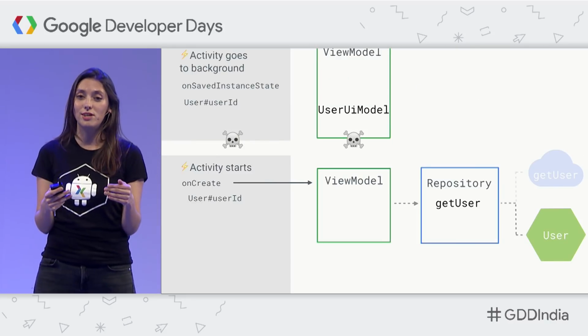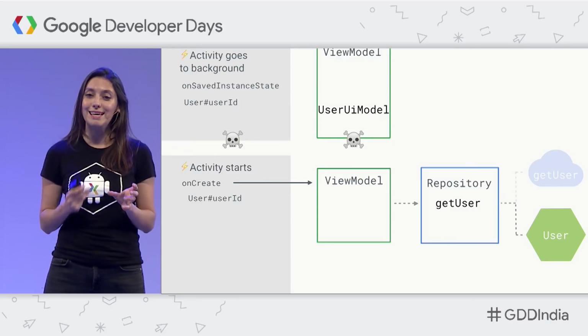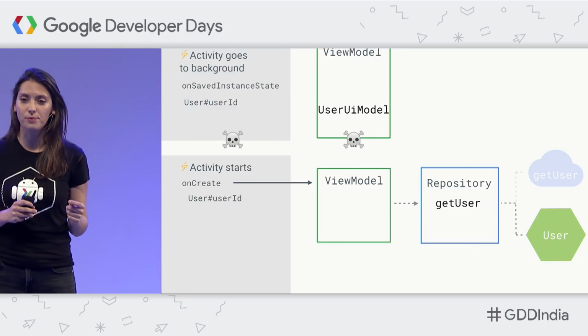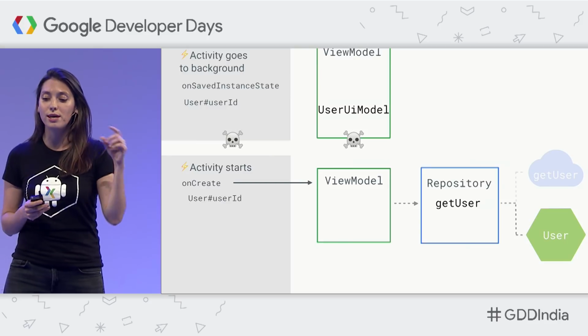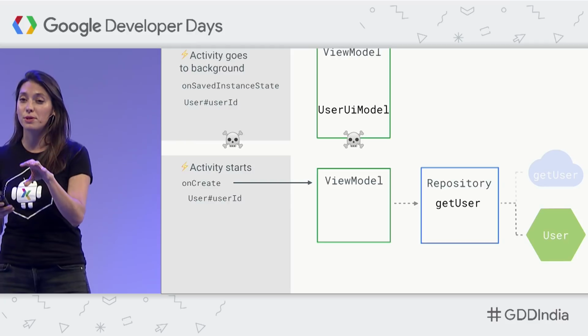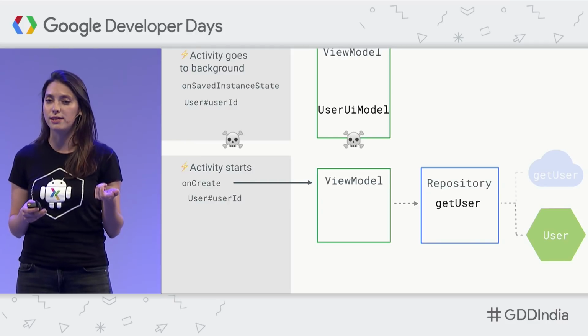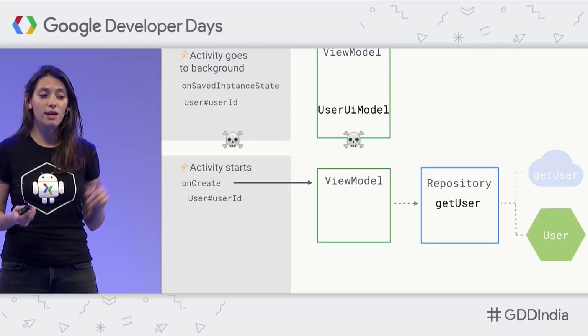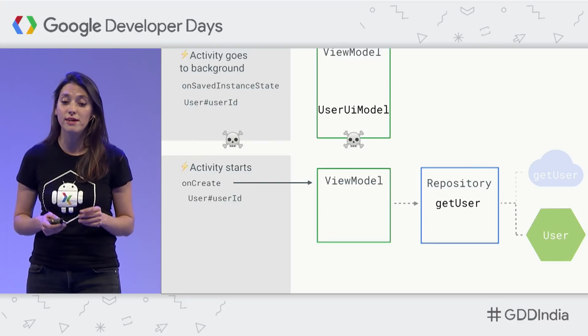And then when the activity starts again, in the onCreate, in the bundle, we have this user ID that we've saved before. So based on this user ID, we can pass that to the ViewModel. And then the ViewModel gets the user from the repository based on that user ID. So this means that we don't need to do any network requests if we save the user ID in onSavedInstanceState.